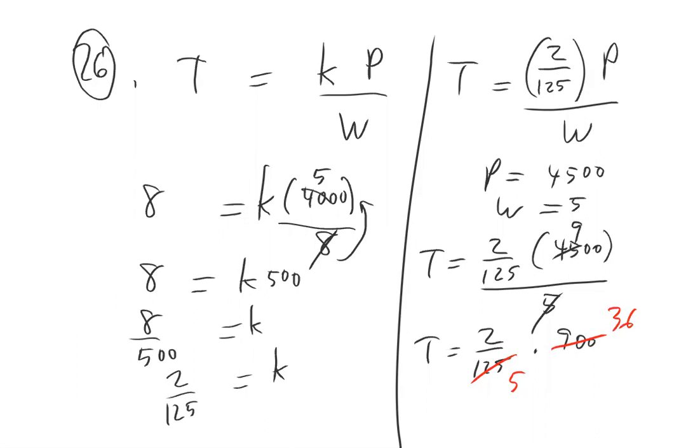So we would have 2 times 36 is 72 over 5, and 70 divided by 5 is 14. 2 divided by 5 is 0.4, so it would equal 14.4.